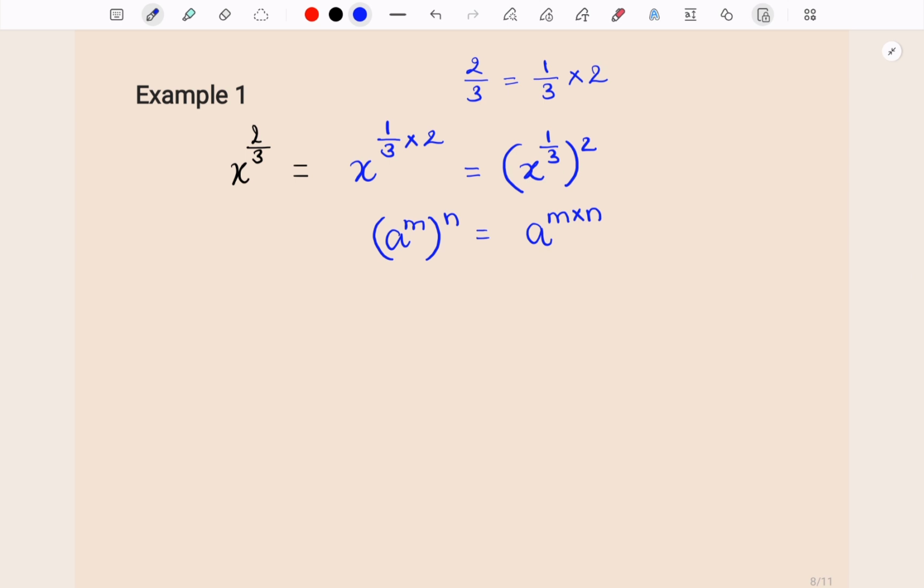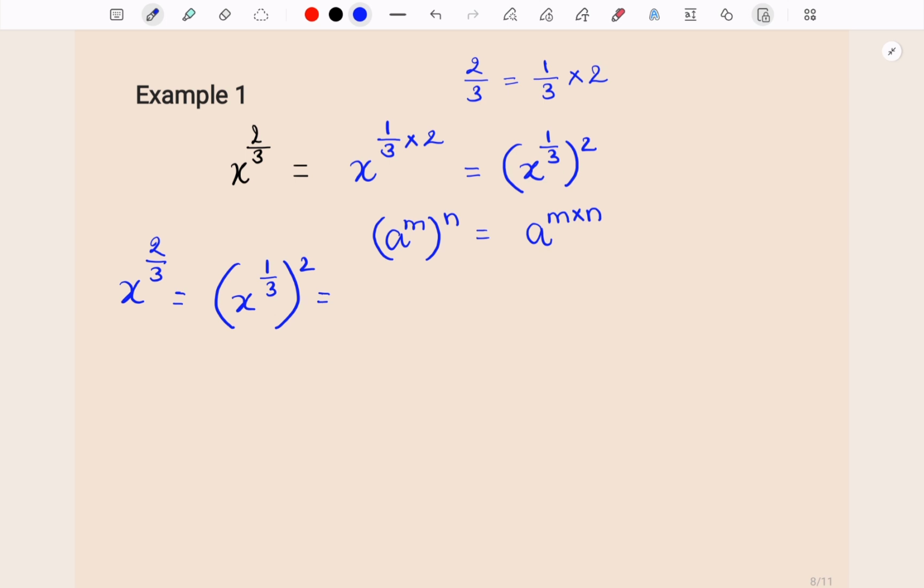Now let's talk about the next step. Here we have x raised to the power 1 over 3, all raised to the power of 2, that is basically x raised to the power 2 over 3. Now let's first take the cube root, because we have x raised to the power of 1 over 3.